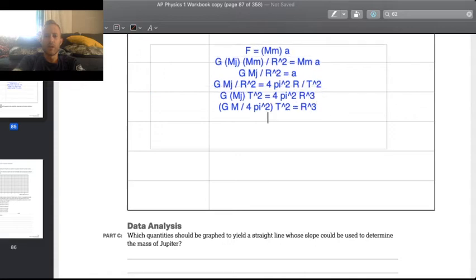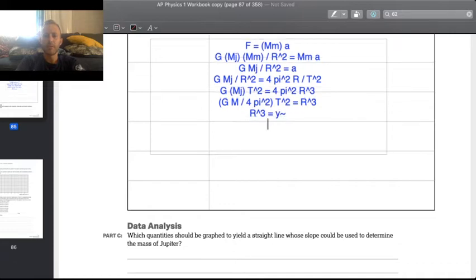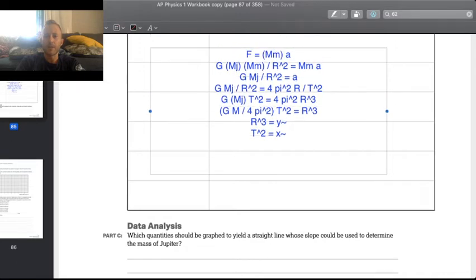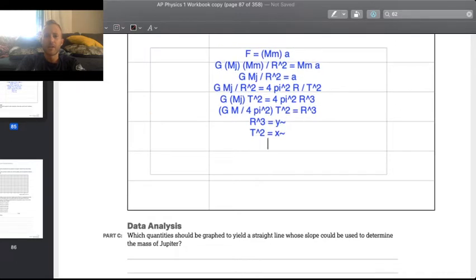So R cubed, what if we let R cubed equal Y squiggle? And then what if we let period squared equal X squiggle? Then what is our equation going to look like? Our equation is going to look like G times the mass of Jupiter over 4 pi squared times X squiggle equals Y squiggle.